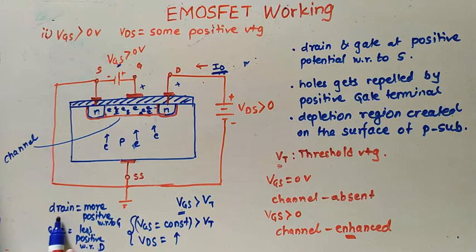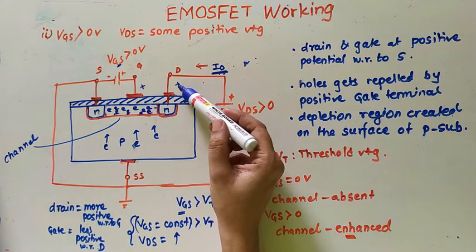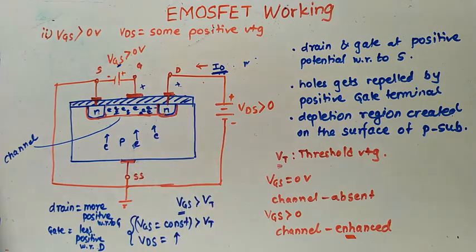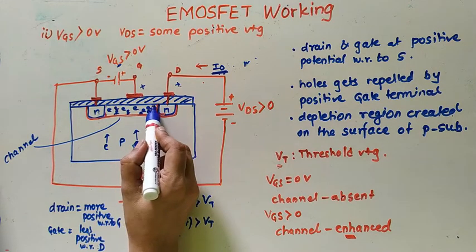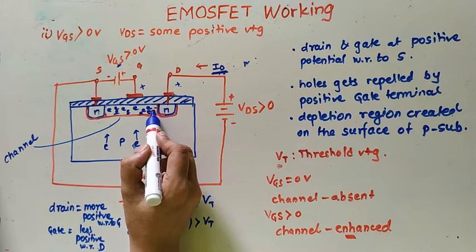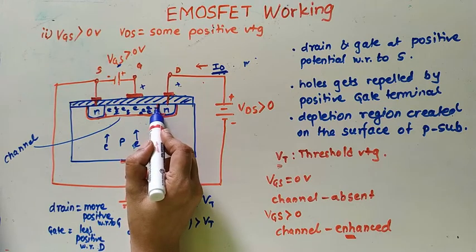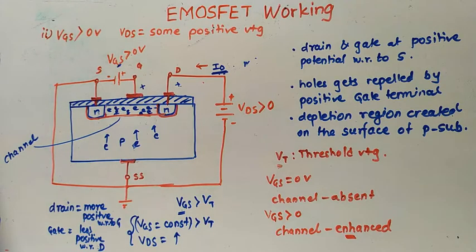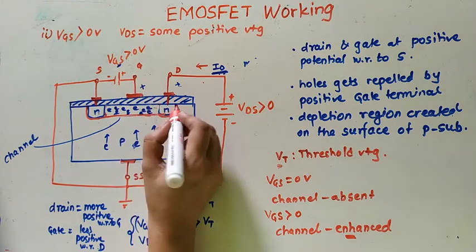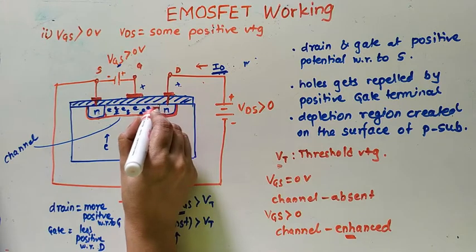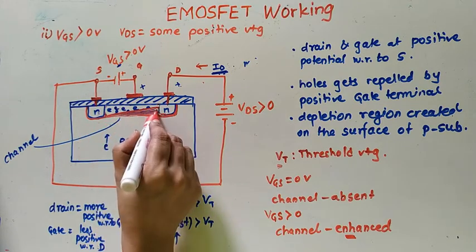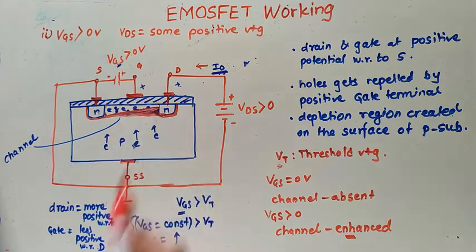So the drain terminal will be more positive with respect to the gate, and due to this, the pinch off of the channel will occur, meaning the width of the channel will be less near this drain terminal, meaning the depletion region width will be more towards the drain.